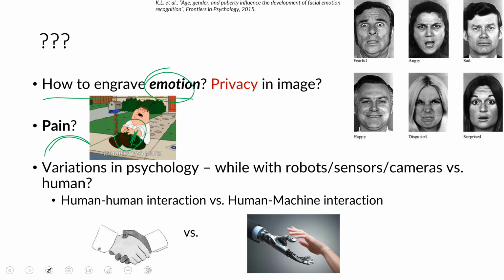We also have to understand variations in psychology, because when we deal with robots or sensors or cameras versus humans, in human interaction we have warmth, energy, and vibe, and it varies from one culture to another. Some people, when they greet each other, are very soft and cool. Some people, when they greet each other, make lots of noise and sound, and are very warm.